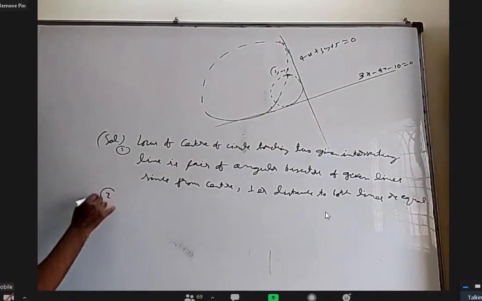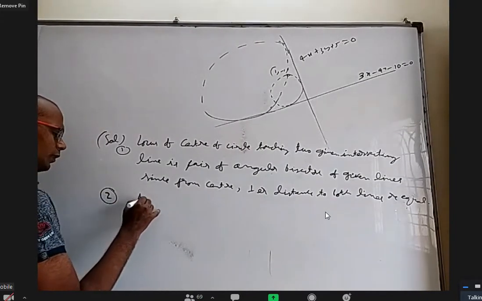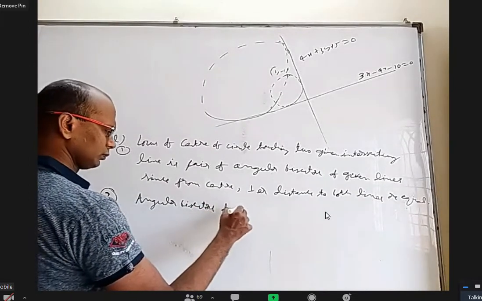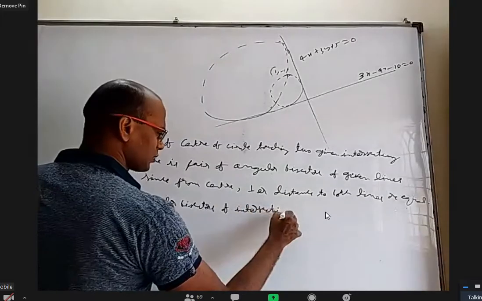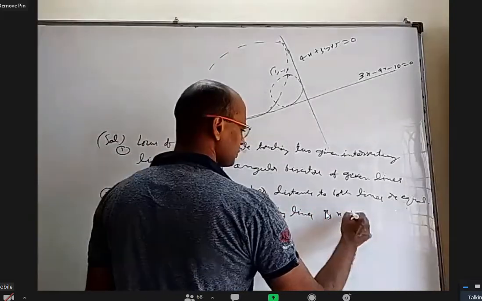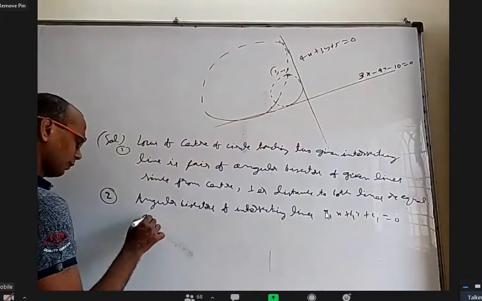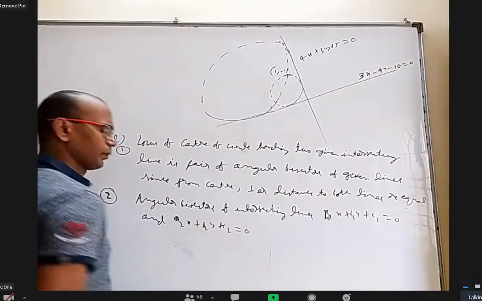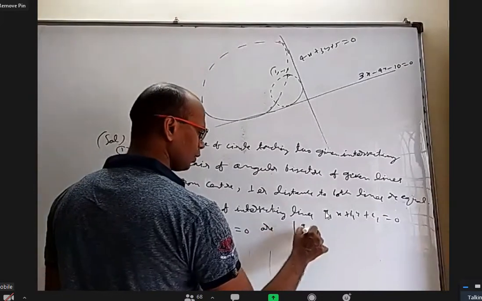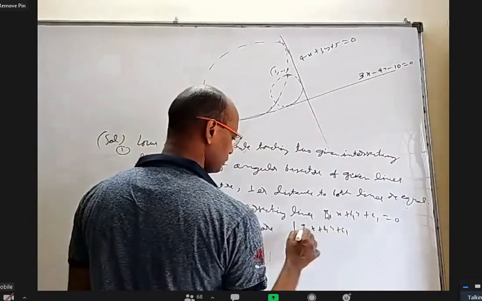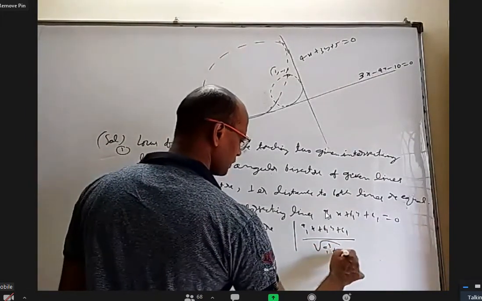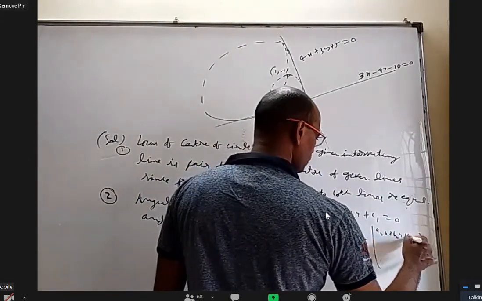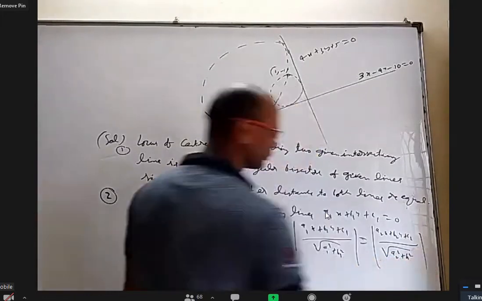The first point. Second point, angular bisectors of intersecting lines a1x + b1y + c1 = 0 and a2x + b2y + c2 = 0 are given by |a1x + b1y + c1|/√(a1² + b1²) = |a2x + b2y + c2|/√(a2² + b2²).